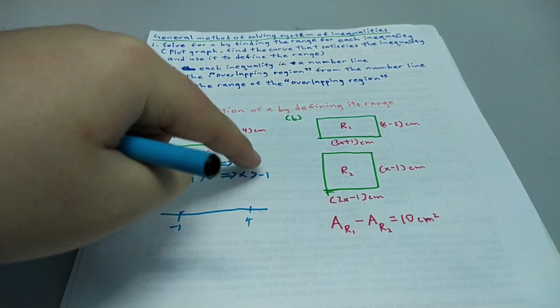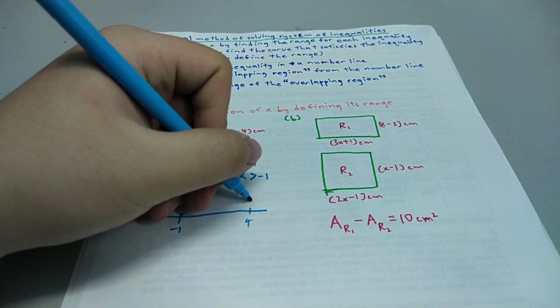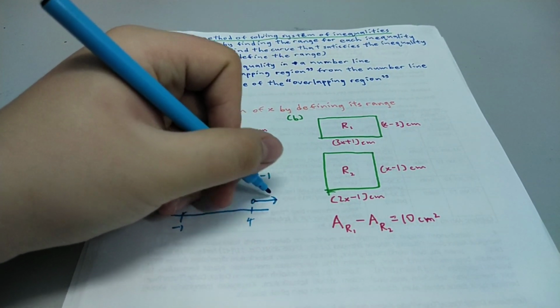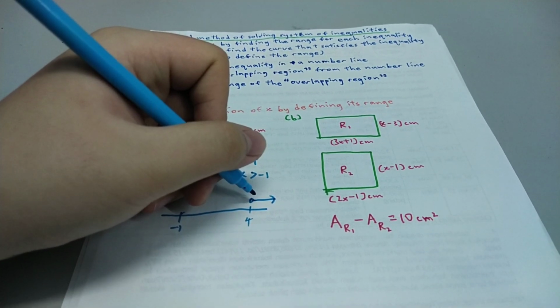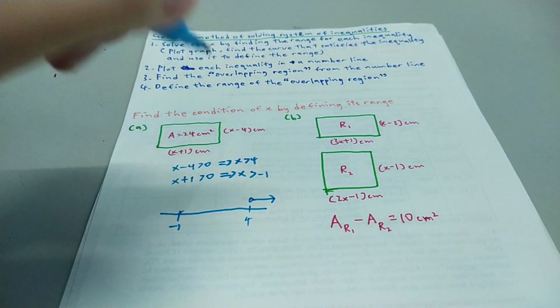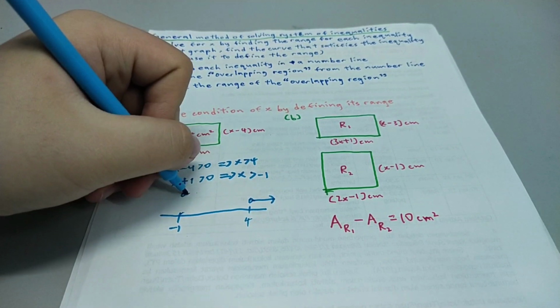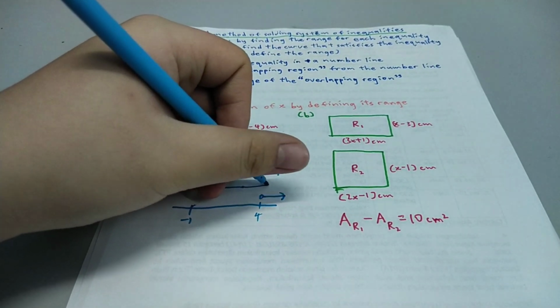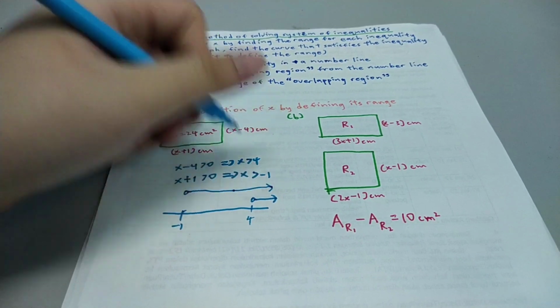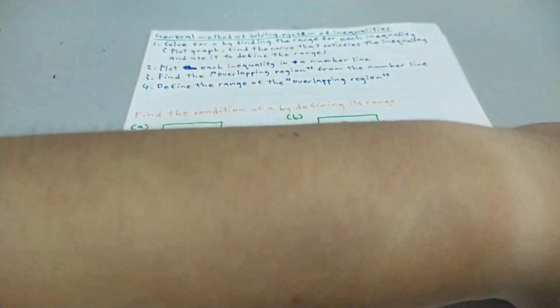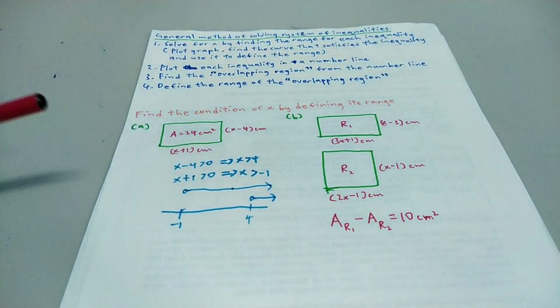For x bigger than 4, we could draw it like this, right? This dot is clear because it's not enclosed, and x must be bigger than -1, just draw right here, right? So this arrow represents x must be bigger than -1, and what we got right here.